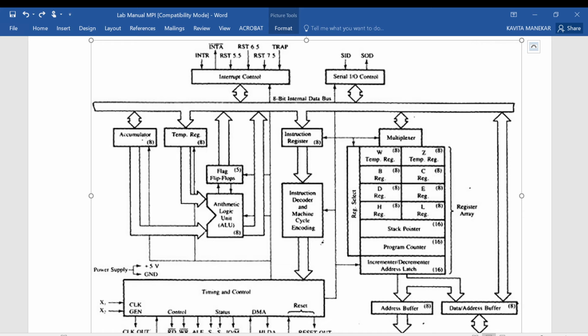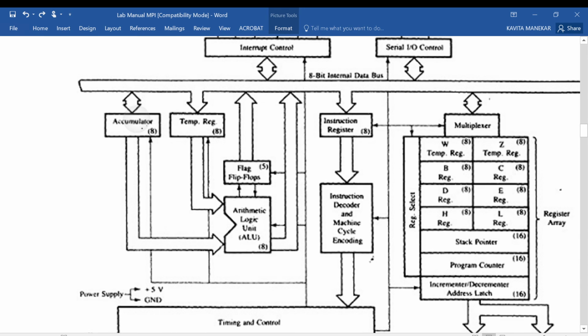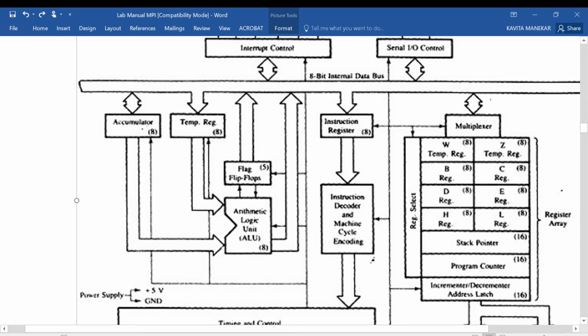On the left side, we can see the accumulator of size 8. The accumulator is also called register A, which is directly connected to the main part of the processor, that is the arithmetic and logic unit. Since the arithmetic and logic unit of the processor is of size 8, we can say the 8085 is an 8-bit processor.